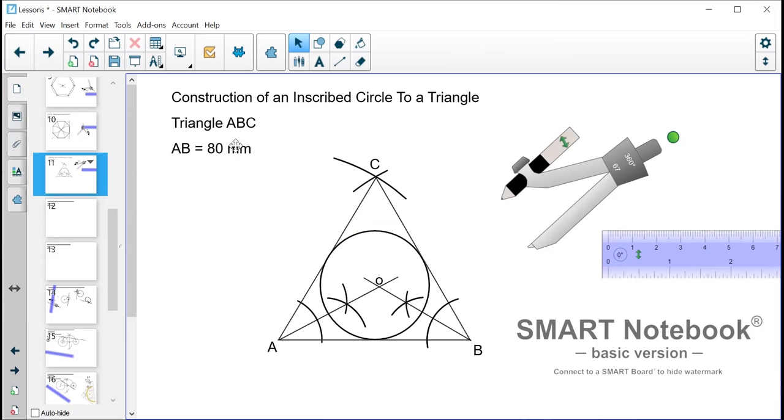All right, so remember, inscribed circles are circles that are on the inside of a plane figure and touch all the sides tangentially. And it is constructed by bisecting two angles within the shape. So when you bisect the two angles, you get a center and you draw the circle.